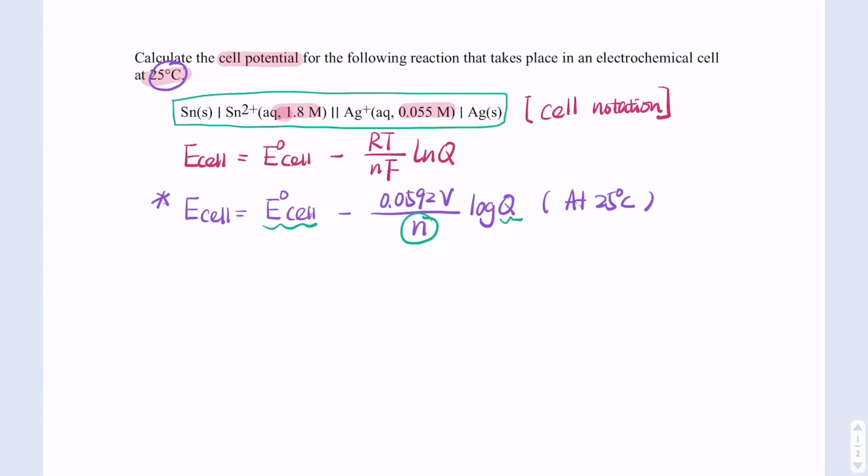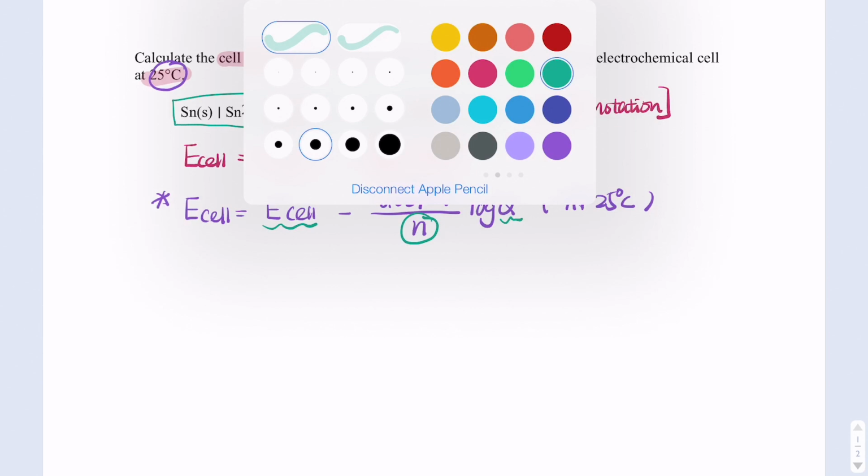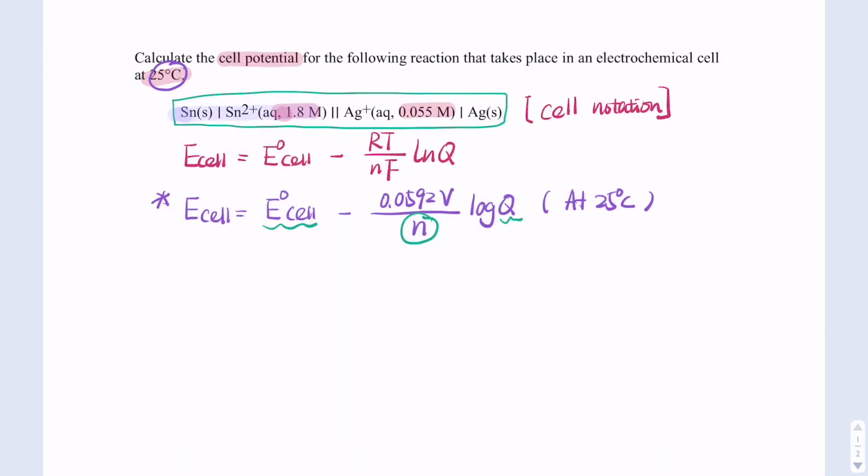Which we learned from the lecture. Again, in cell notation, we know the left side, this one over here, is the anode. This is your anode, where the oxidation half reaction happens, and this is your electrolyte. The double line is the salt bridge, so let's write that down.